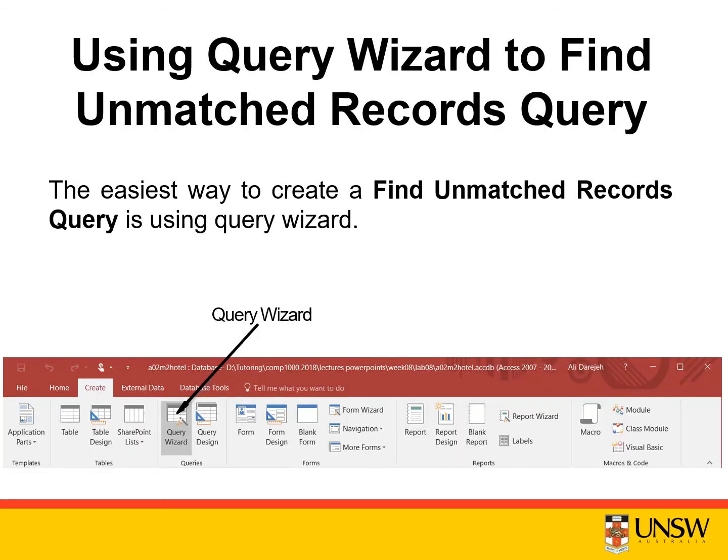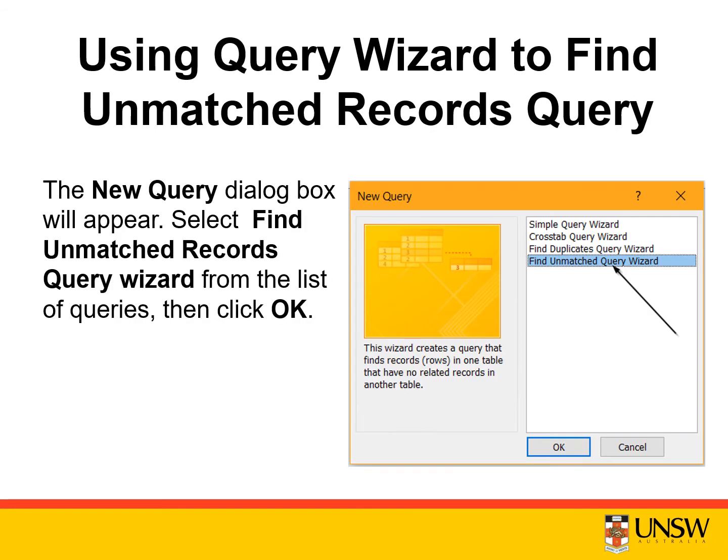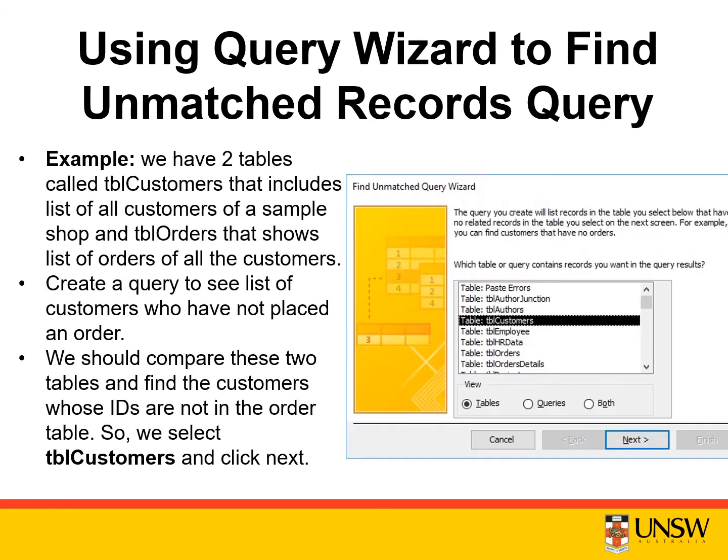In order to create a Find Unmatched Records query, go to the Create tab and click the Query Wizard. In the new Query dialog box, click Find Unmatched Query Wizard and click OK. In this window, you should select the primary table, I mean the table that has unmatched records.